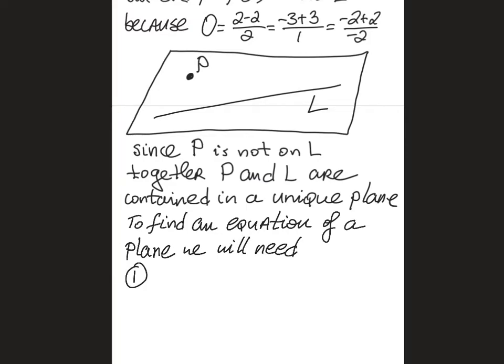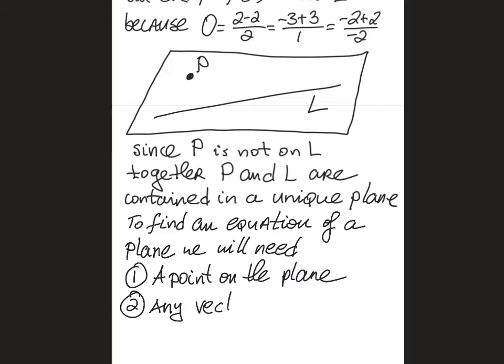And we also need any normal vector to the plane, any non-zero vector that is perpendicular to the plane. So any vector n, which is not the zero vector, and perpendicular to the plane.